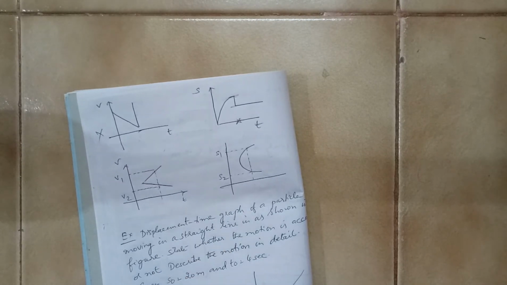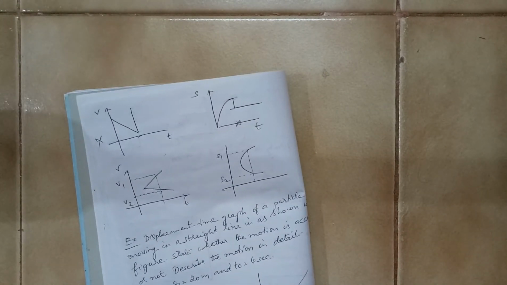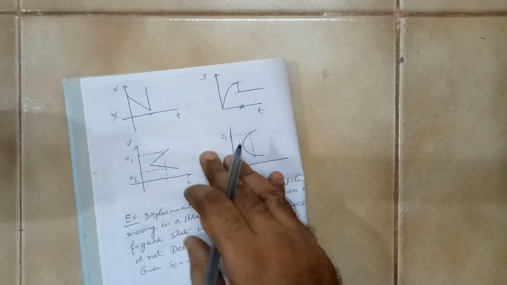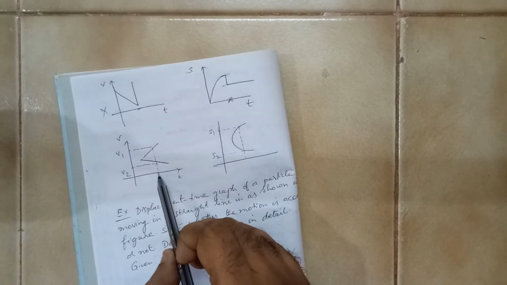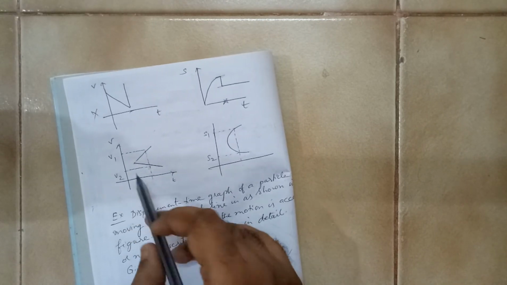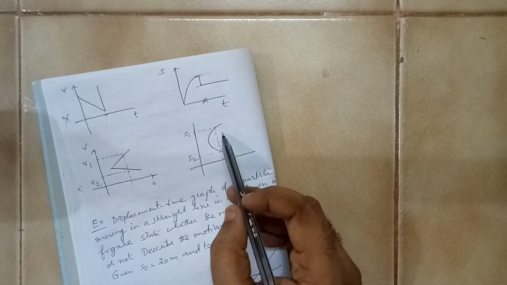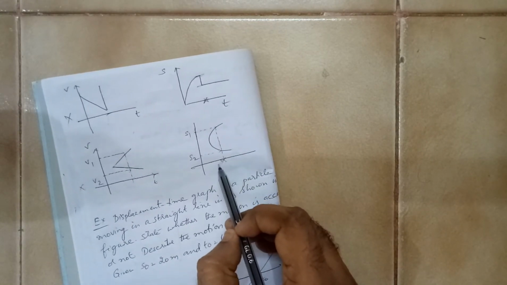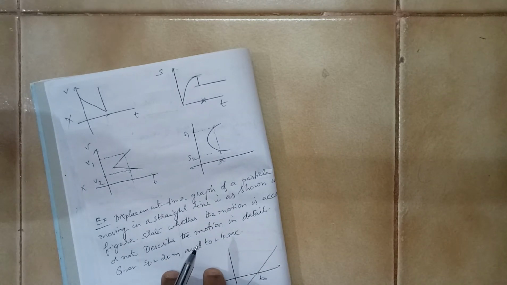Wherever it cuts the curve, that is the value. Okay. So in this situation, at this particular point you have got two velocities. It's not possible. So this graph also is not possible. Same is the situation here. At this particular instant of time, you have got two displacements. That is not acceptable. Okay.